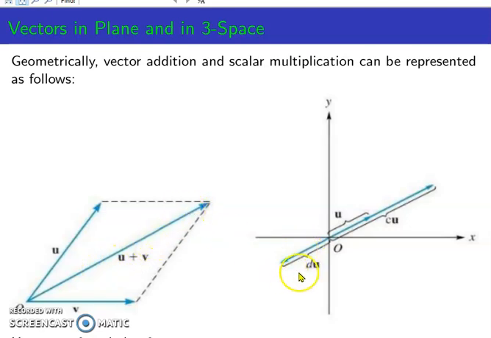While for scalar multiplication, if u is this vector, from the origin up to this point here, then whenever c is a positive number, vector c times u is this vector. But if, for example, d is a negative number, then d times u is this vector.